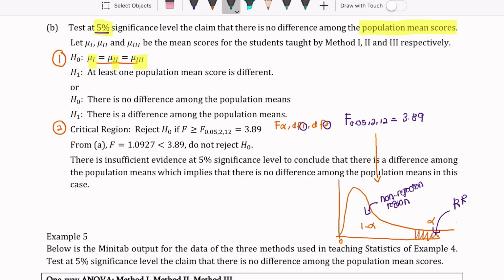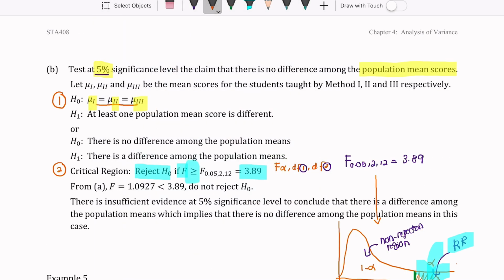The value that separates the rejection region and non-rejection region is our critical value. So the critical value is here, 3.89. So any F calculated that falls in this region, then we have to reject H0. So we can write our decision rule. We reject H0 if F calculated is greater than 3.89.